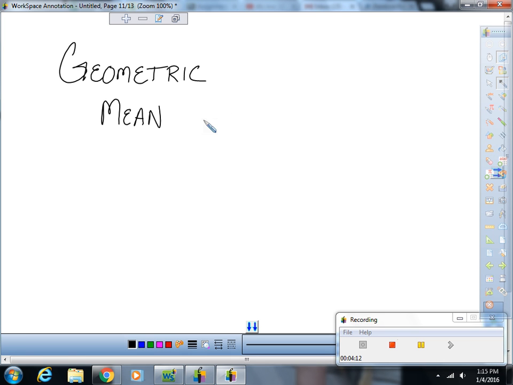So, to find the geometric mean, let's say, of X and Y, you multiply them, and then you square root them. Okay? I'll do another example. I'll add it on to the end about geometric mean. It's fine. You guys will be fine with it. Okay? So far, so good?